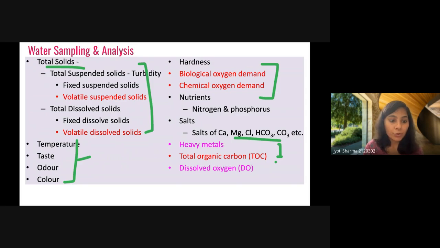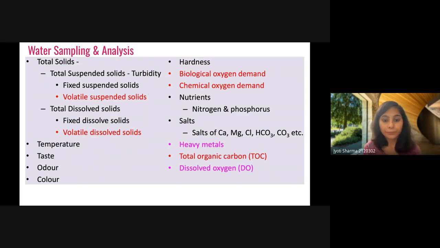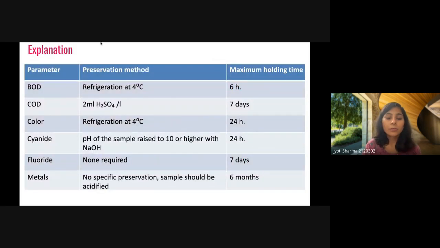So what I was showing you is this one. For example, if you want to calculate the BOD, then the maximum holding time is just 6 hours. So it means whenever you are collecting the wastewater out of some river or from some stream, then within 6 hours you have to do the analysis for BOD, and you can do the preservation by refrigerating it at 4 degrees Celsius.